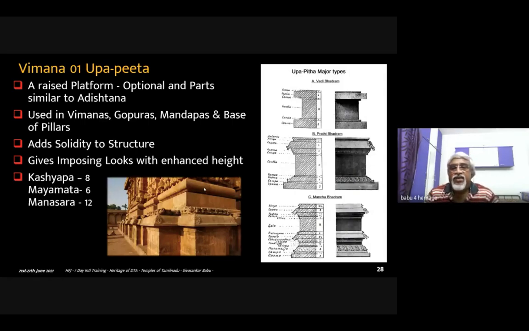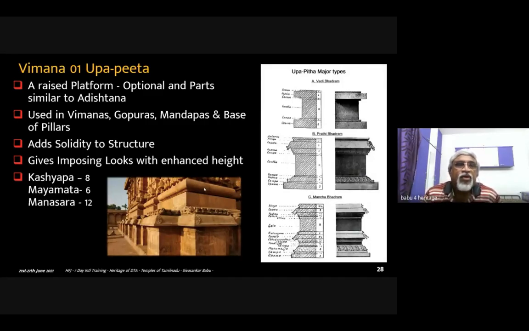That's why Vijayanagara Gopuras look very tall. Their Upapitas as well as their Adhishtanas are very, very high, double height.